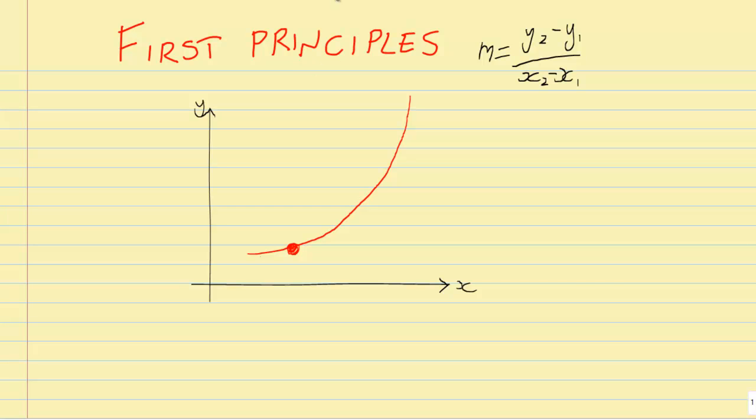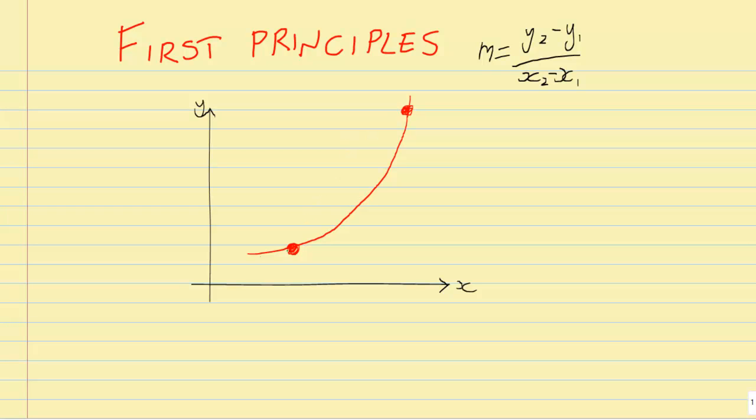Now this formula is fine. This is going to get us the gradient of a function, except it's really only going to work on a straight line. So we think to ourselves, okay, let's get ourselves a straight line. And maybe we'll make a second point up there, and we'll make those 2 points our y2 and x2 and our y1 and x1 here.